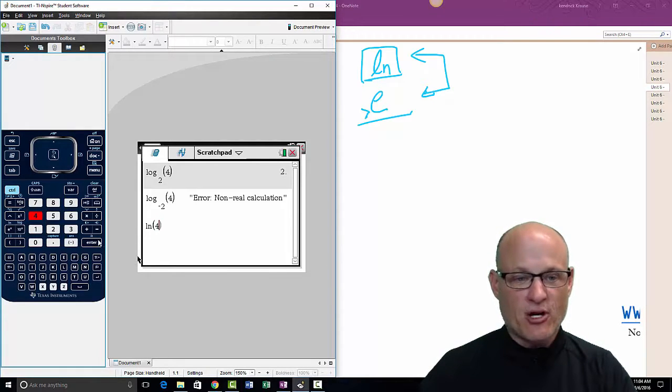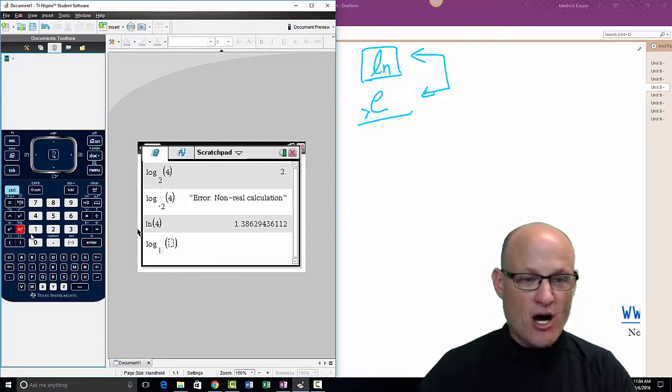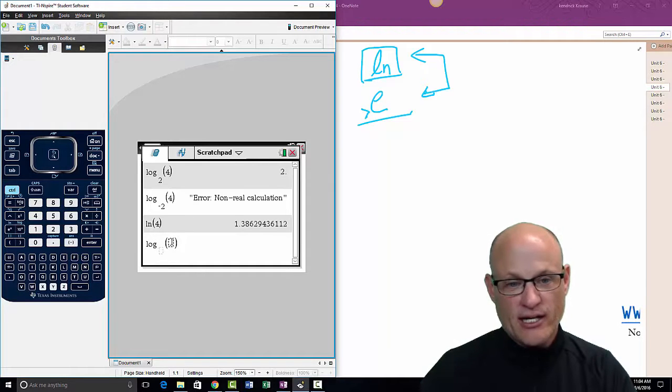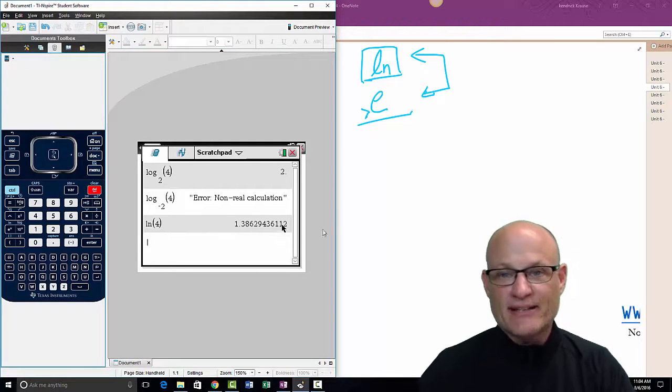I'm going to type in the natural log of 4 and I get whatever, but there's no space for the E. When I type in log, I got a space for an exponential. I got a space for something down here, and I got a space for something here. But when I do natural logs, there isn't.